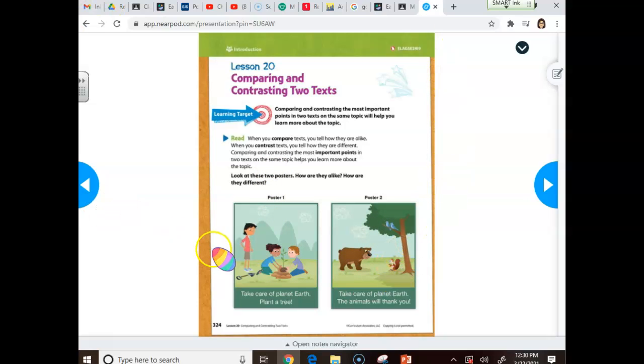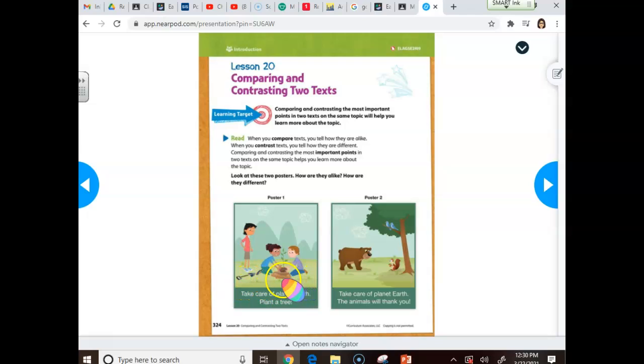All right, these two posters are about the same topic, but they're two different posters. We're going to look at them and see how they are alike and how they're different. That's called comparing and contrasting. So let's look at poster 1. All right, what do we see on the poster?